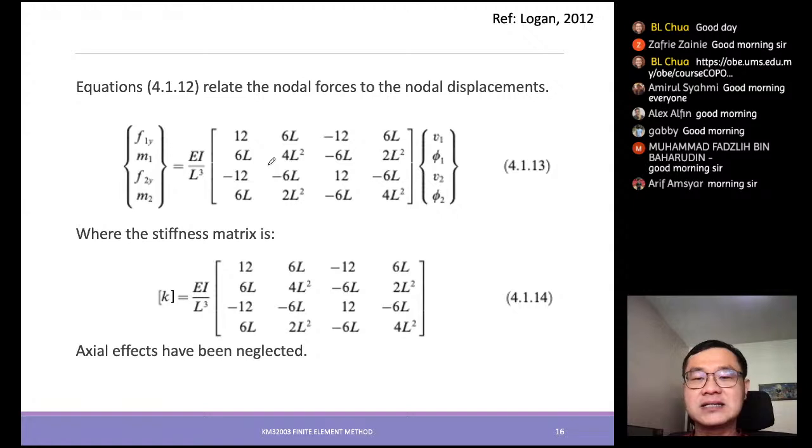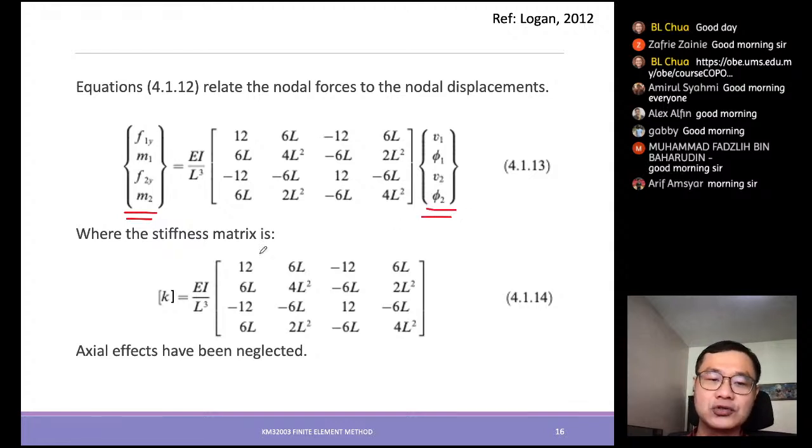We call this the stiffness matrix, or the equations to represent one single beam element. Only one single beam element is given by this relationship, which defines the relation between the force and the nodal displacement.